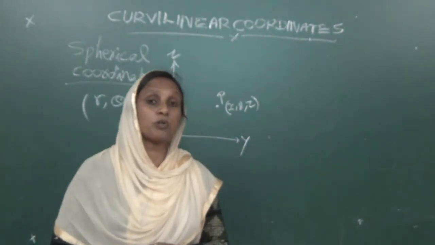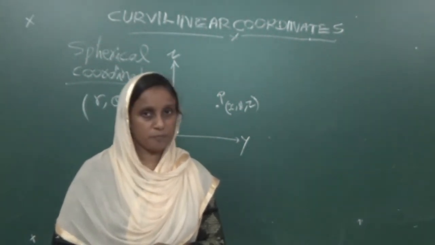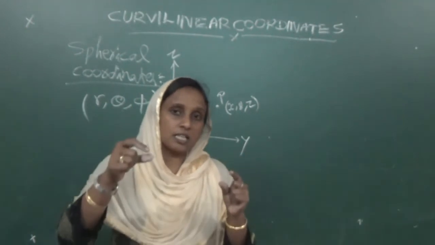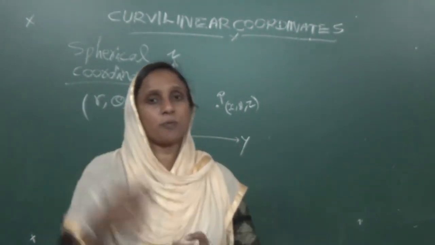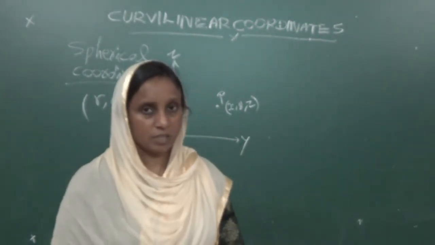R is the position vector of the point P. We already learned that the vector drawn from the origin to the point P is called its position vector, right?